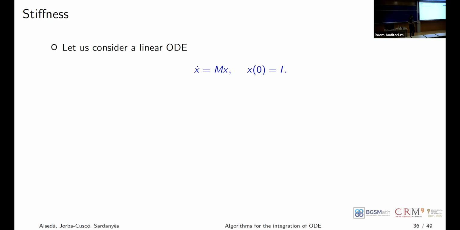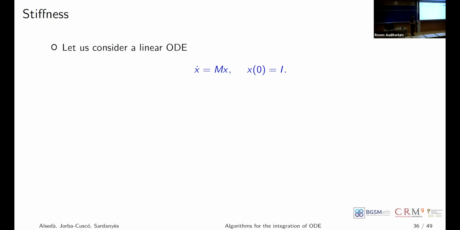So an equation can be stiff, and I'm going to explain now what a stiff equation is. But essentially, if an equation is stiff, it's going to kill all the methods I've explained this afternoon. None of them will be useful because they are explicit, all of them.